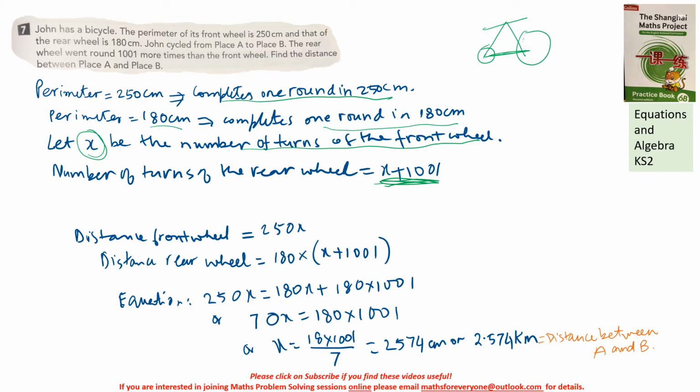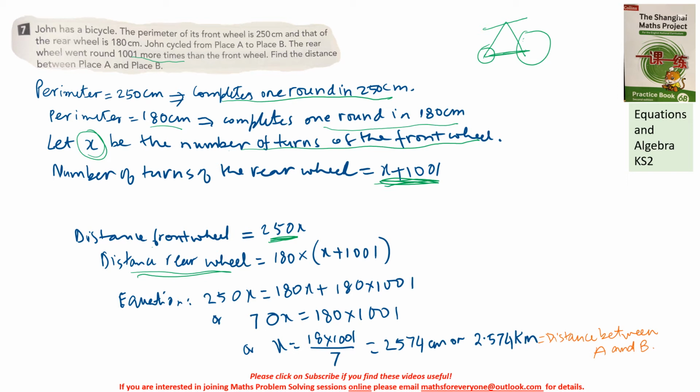So the distance the front wheel will cover is 250x. The distance of the rear wheel, because both wheels will cover the same distance, is 180 times x plus 1001, because it turns this many more times.